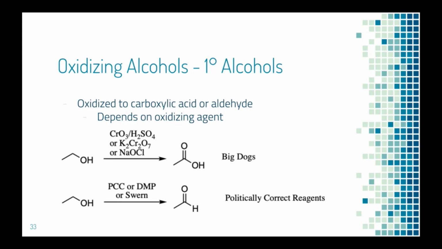The stronger oxidizing reagents will bring the primary alcohol into a carboxylic acid. However, if we use one of the weaker oxidizing agents like PCC, DMP, or Swern, then that will transform the primary alcohol into an aldehyde. It completely depends on the oxidizing agent. Be aware of this and try to distinguish these.